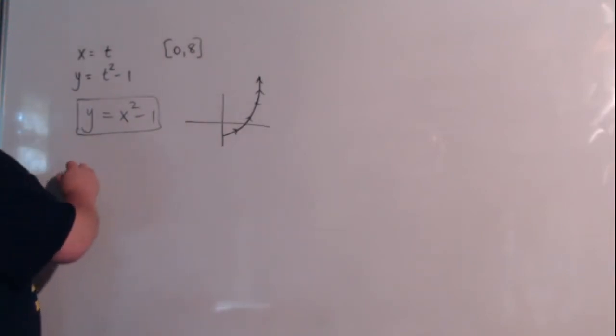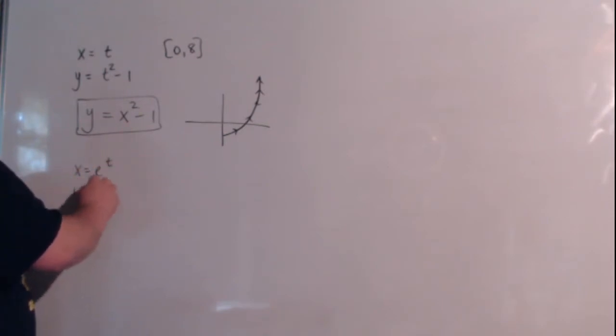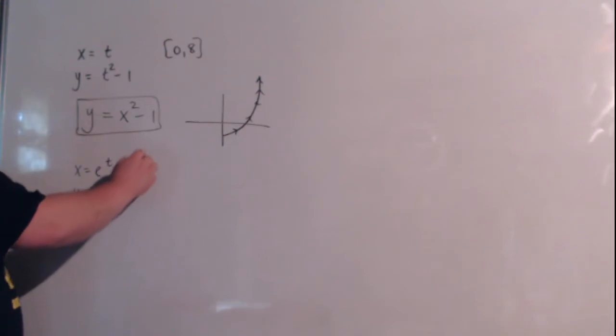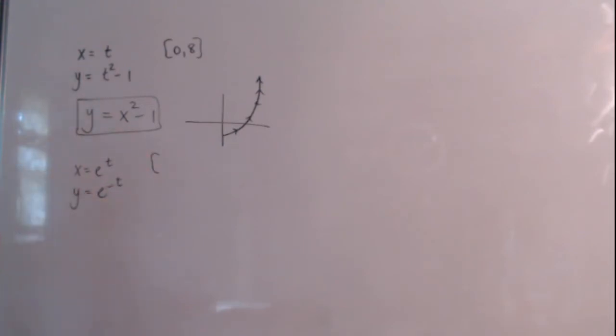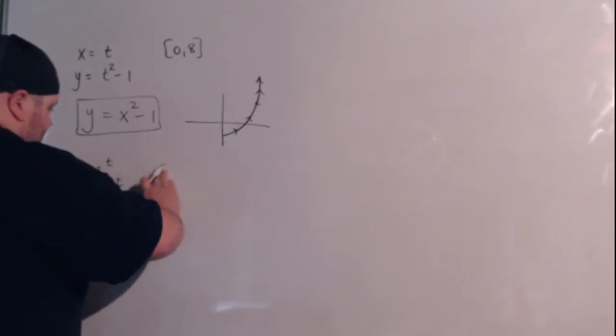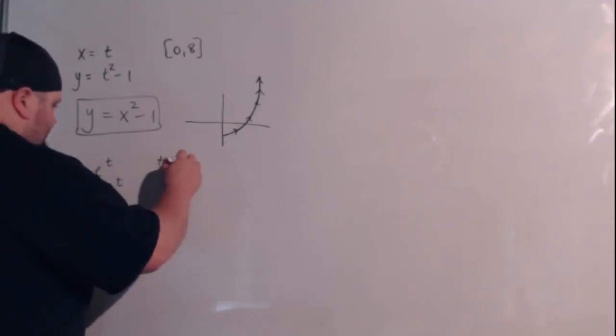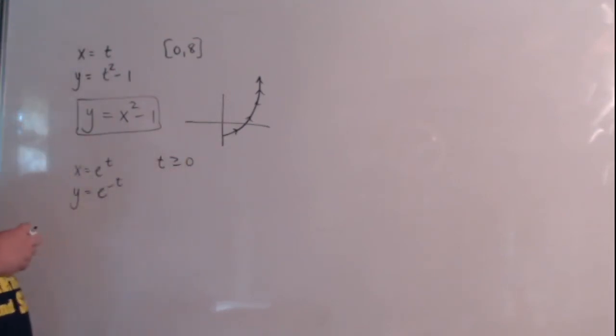They give us x equals e to the t, y equals e to the minus t, and this is over 0 to infinity. Right? It just says t greater than or equal to 0. So I've seen some people kind of struggle with this one a little bit.